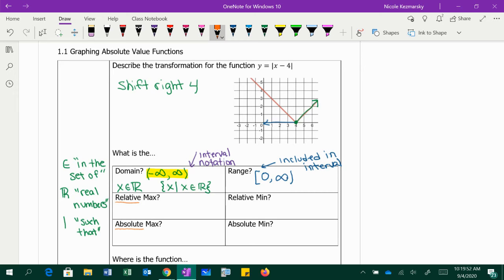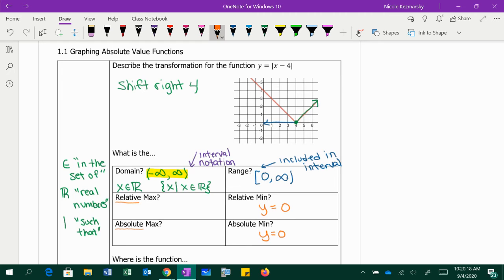So the relative minimum, we're going to use y values when we talk about this. We're going to say y equals 0, and the absolute min is also y equals 0. On graphs, they aren't always the same. But on this graph, there's only one point where the graph turns around and changes direction, and it just happens right there at 4, 0.